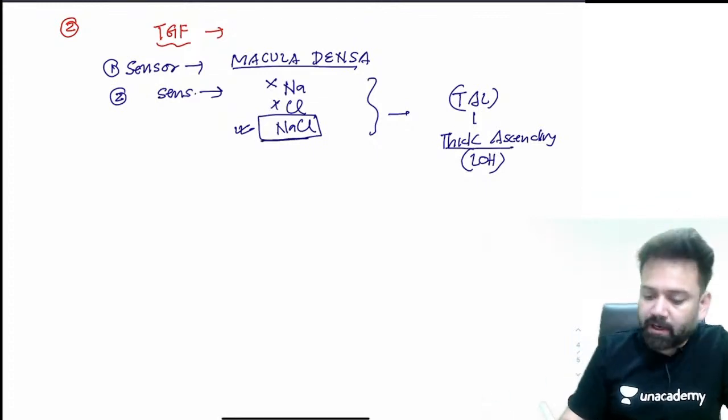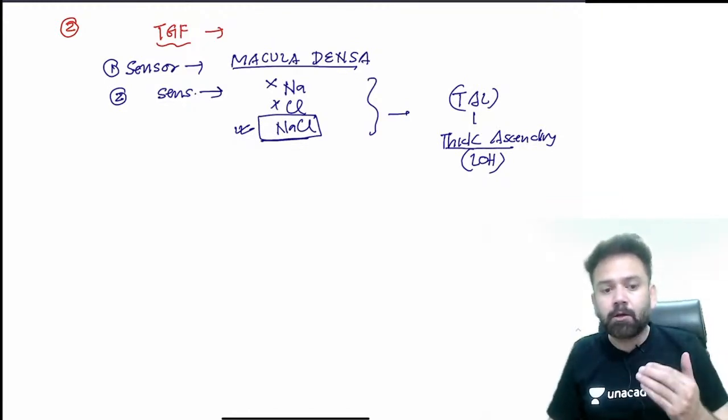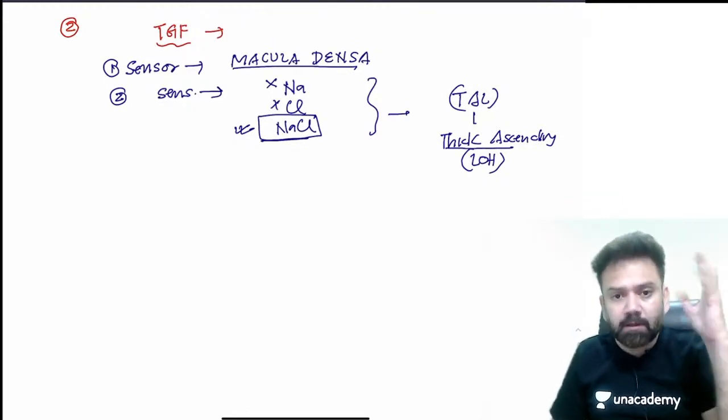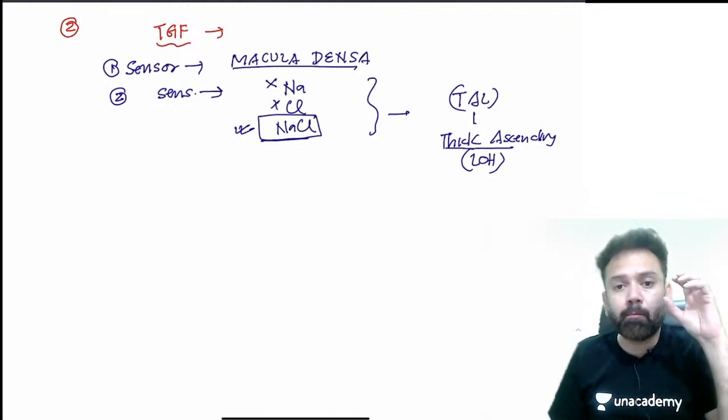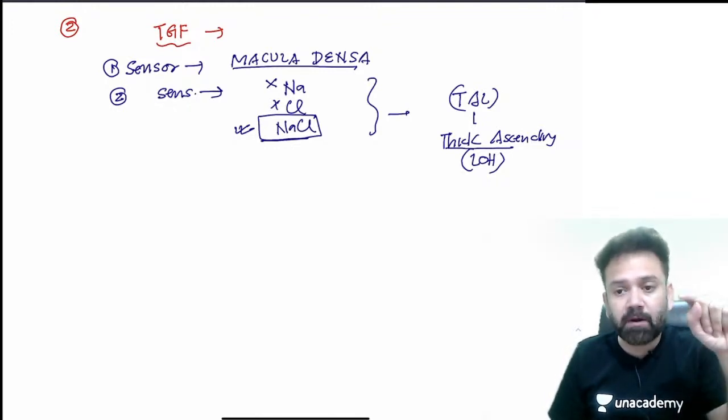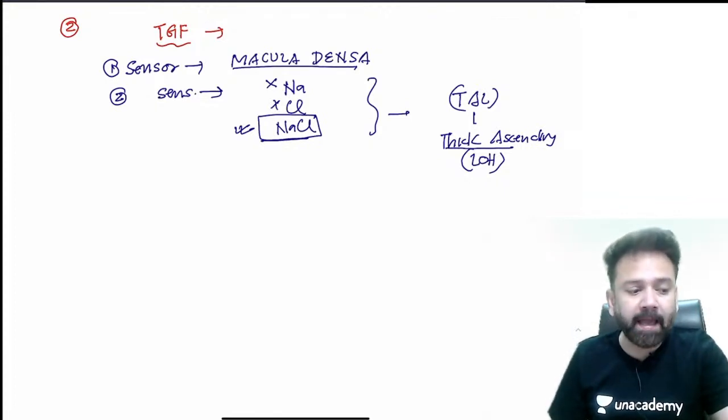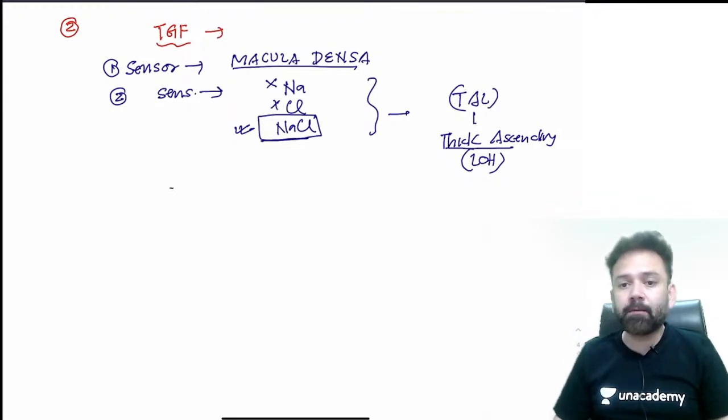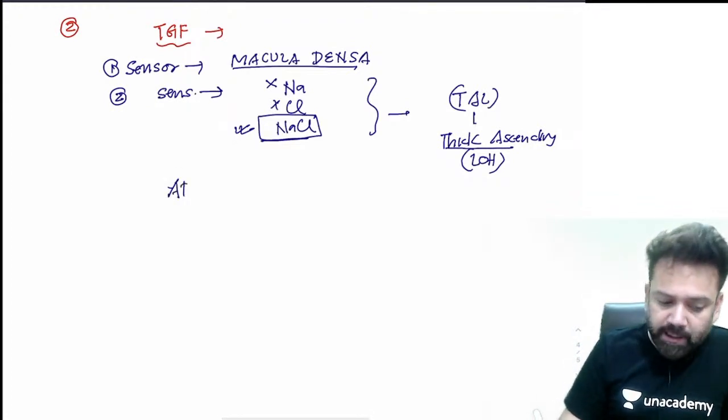So whenever there is increased blood supply, now it's very simple to understand. Whenever there is increased blood supply, there will be more of the sodium, and this will be sensed by macula densa. Where? In the thick ascending loop of Henle, and adenosine will be released.